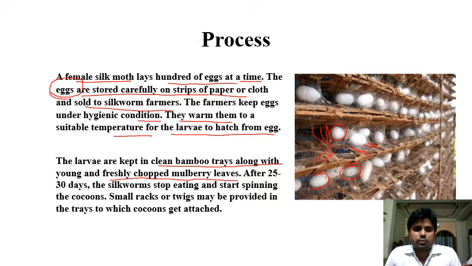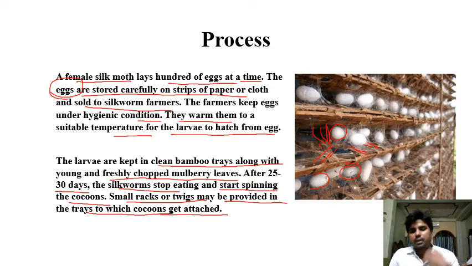After 25 to 30 days, the silkworm stop eating and start spinning the cocoon. Small racks or twigs may be provided in the trays to which cocoons get attached. So here are some processes given, how it is produced on a large scale by the farmer.